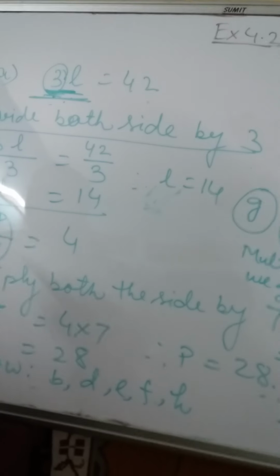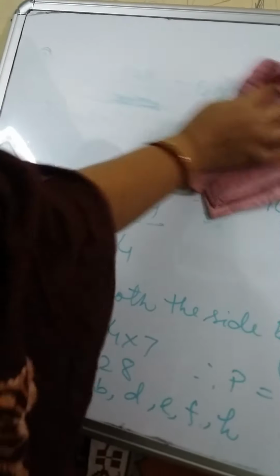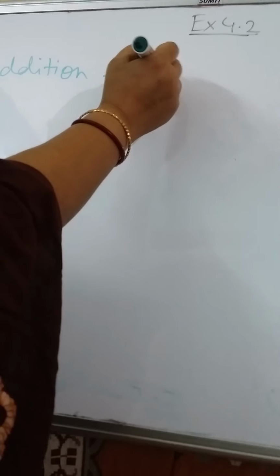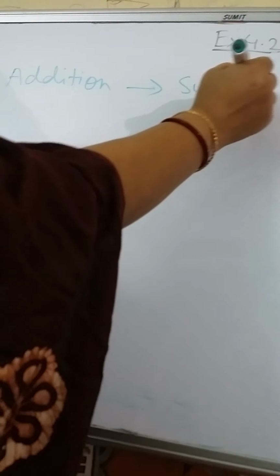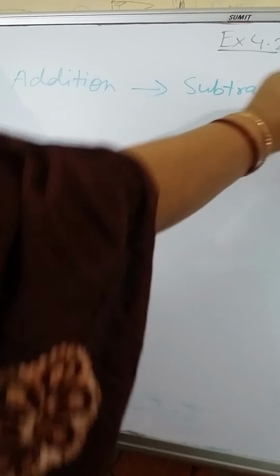So what have we learned so far? We have learned 4 things on how to solve an equation. What are those 4 things? If on one side it is addition, to remove that number you have to subtract, or vice versa: if subtraction, you have to add.